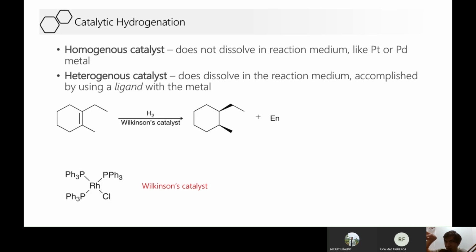Yung PPh3 na yan. Parang clip yan nakakabit din sa double bond. So, parang sipit itong side na to. Ito yung kakabit sa double bond. So, you will have your syn addition. So, dalawang options mo. Pwedeng catalyst na metal or Wilkinson's catalyst.